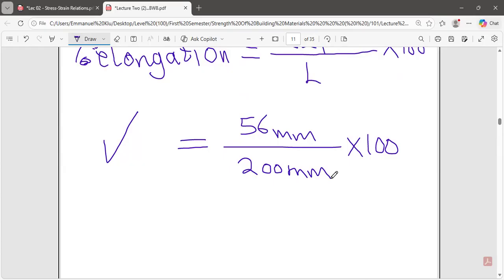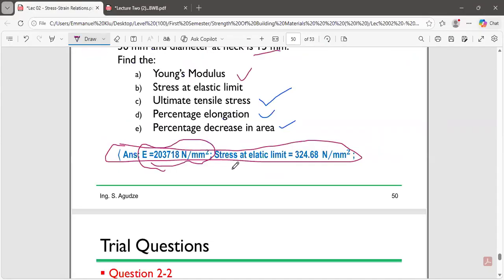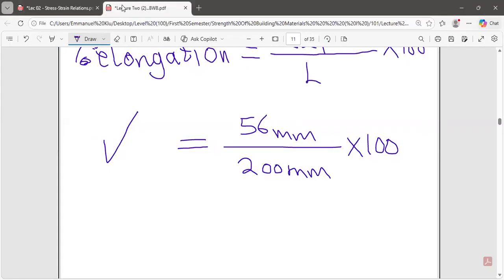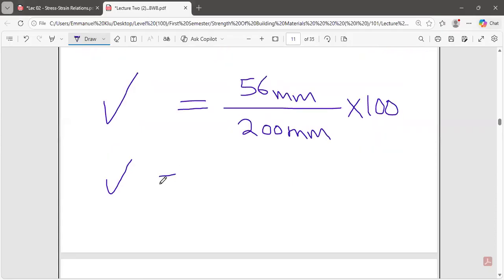So you're going to get 28%. Darko was right. You're going to get 28%.